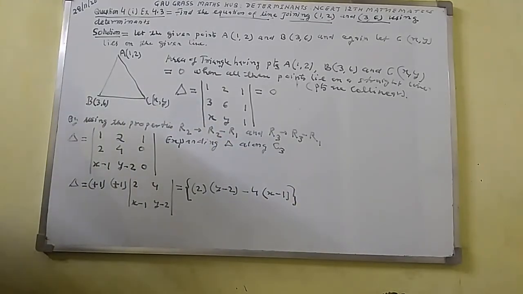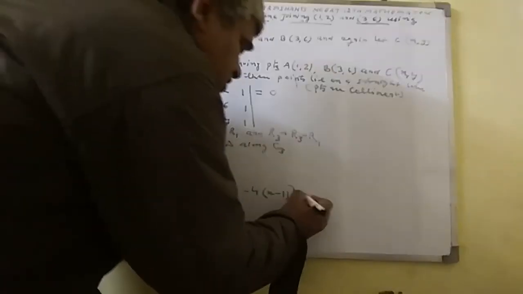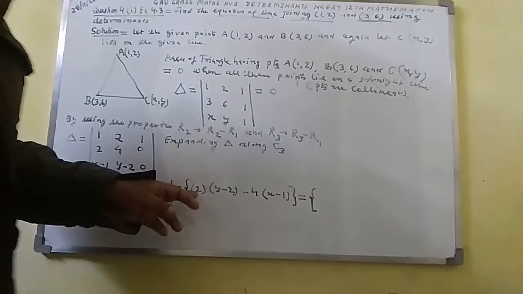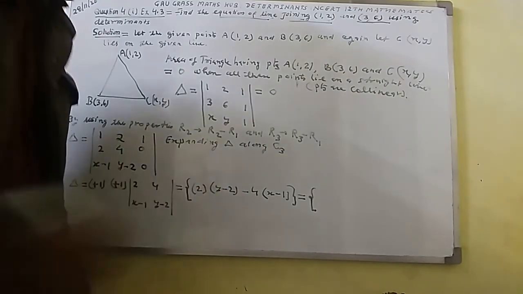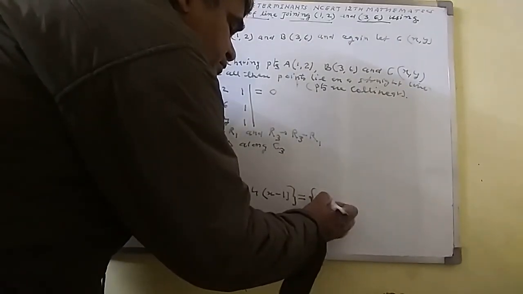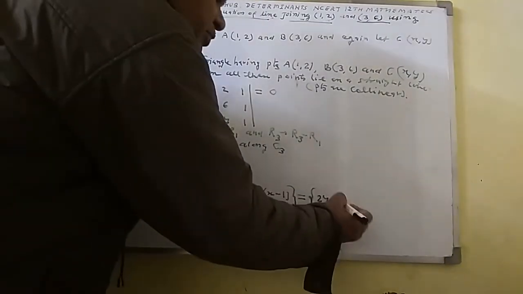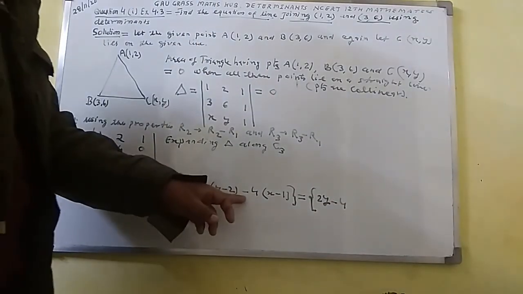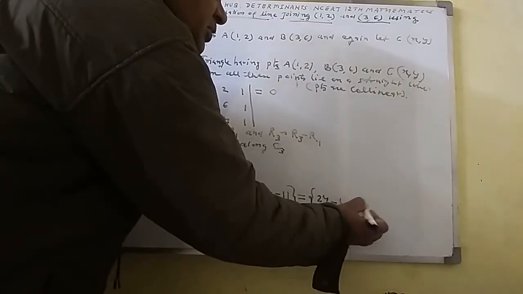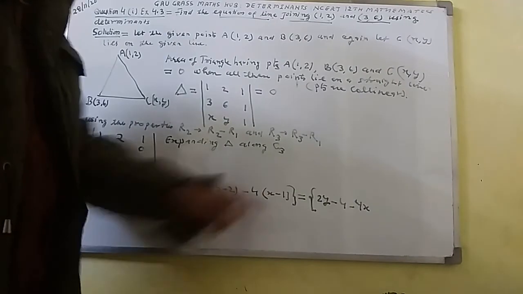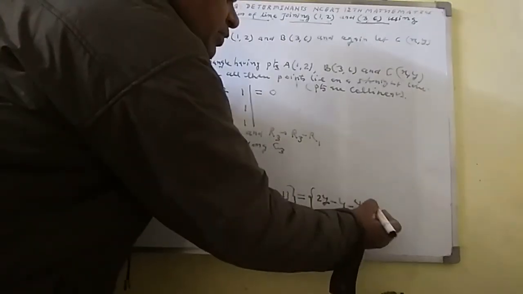Now simplify this one. On simplification you will get here, open curly bracket. These 2 will multiply to y. You will get here 2y. Minus, and 2 will multiply to come out to 4. Here minus 4 will multiply to x. Here comes out to minus 4x. Here minus will multiply, you will get here plus 4.